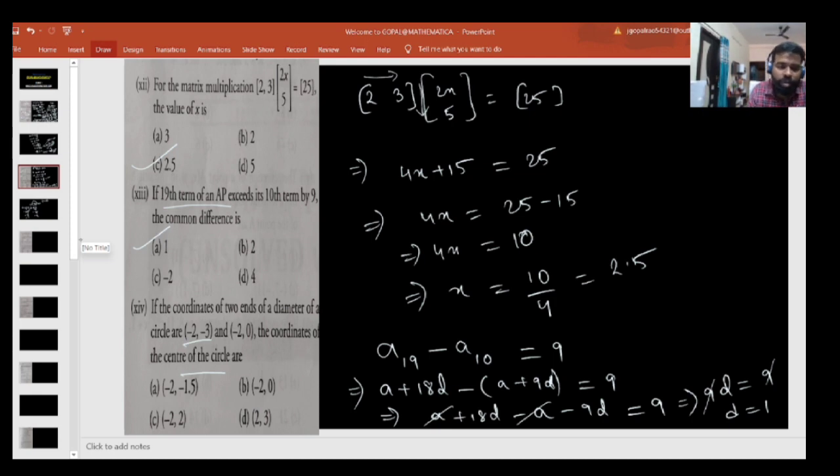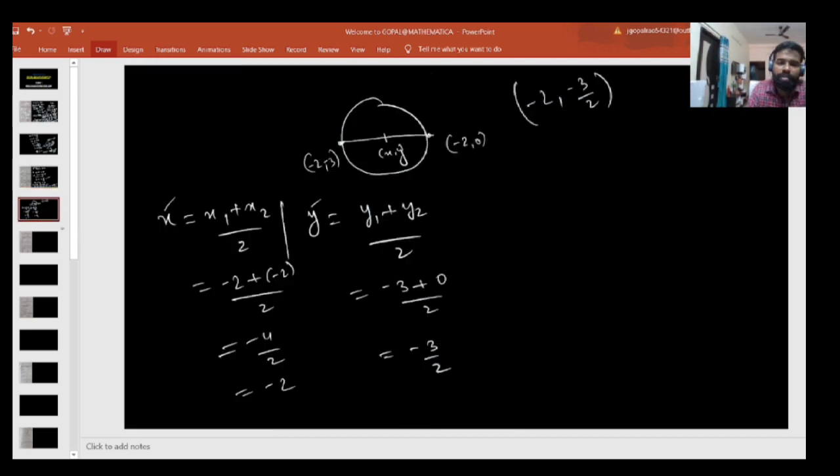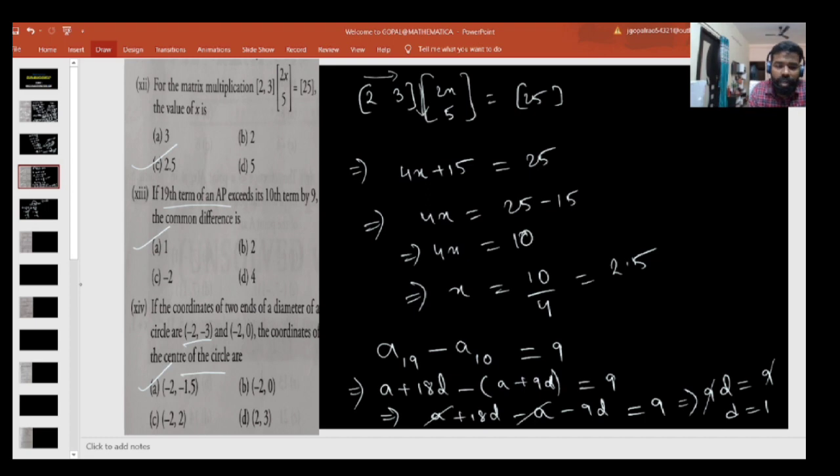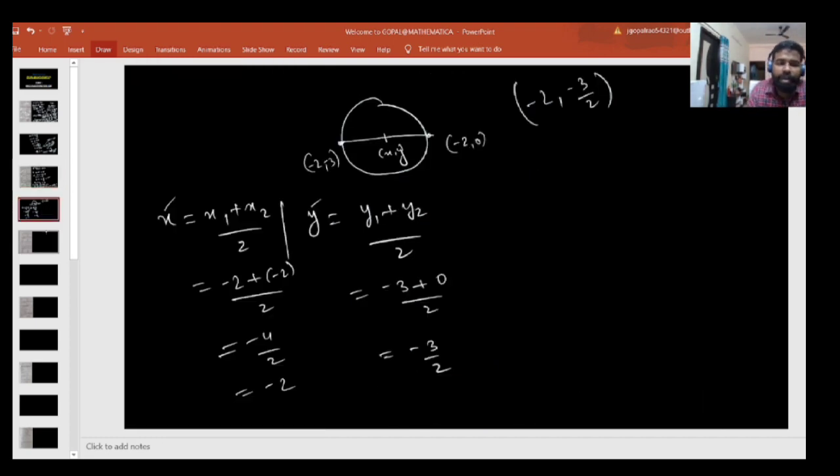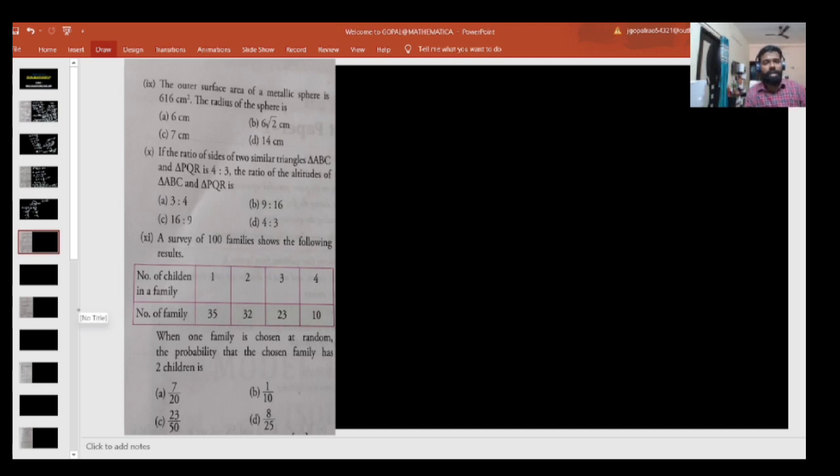Yes, so the option is A, which is -2, and 3 by 2 is actually 1.5, so -1.5. Okay, so we have got the answer, option A. So next is from the mensuration chapter.